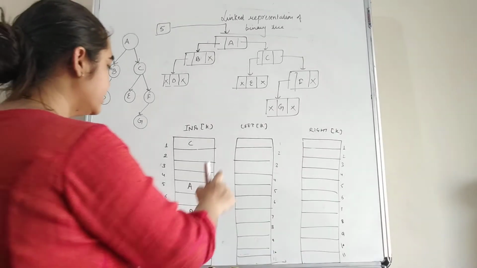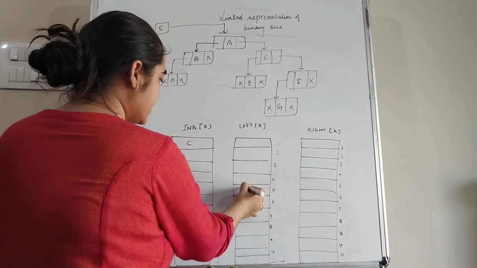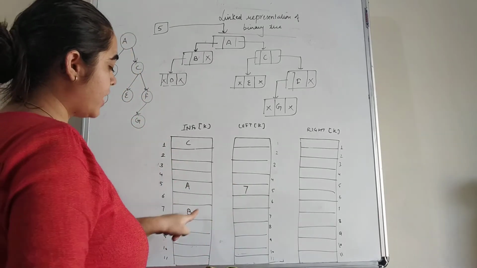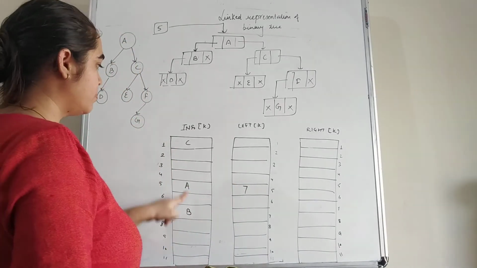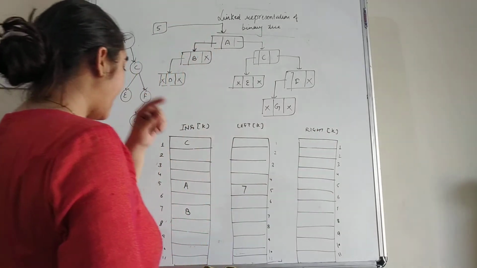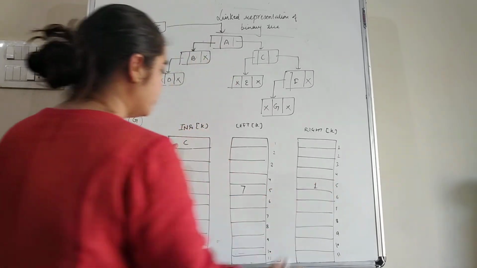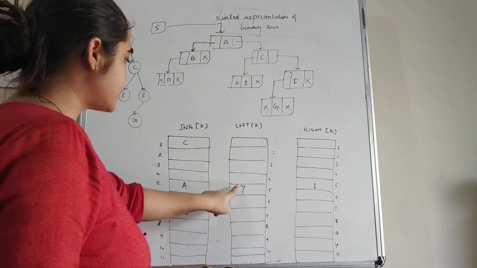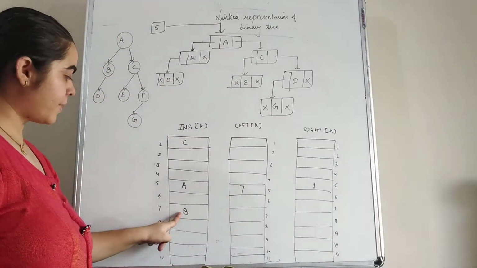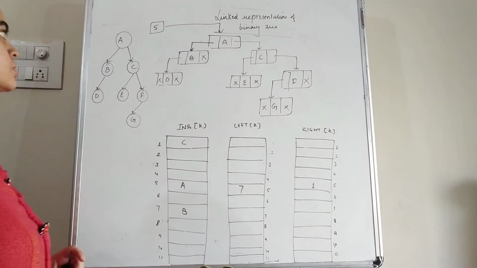So in the left array, in parallel to A, we store 7, which is the memory location of B, and in the right array we update the address of C, which is stored at memory location 1.